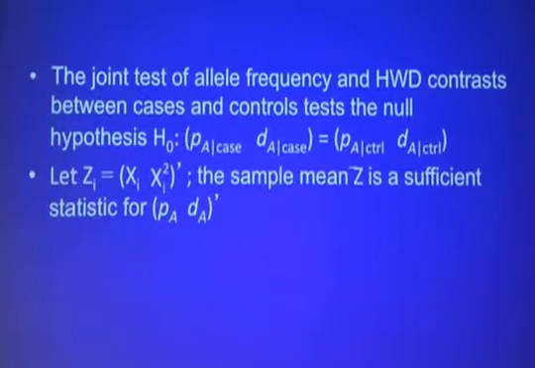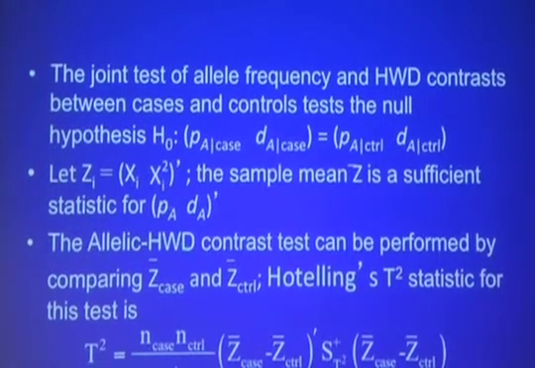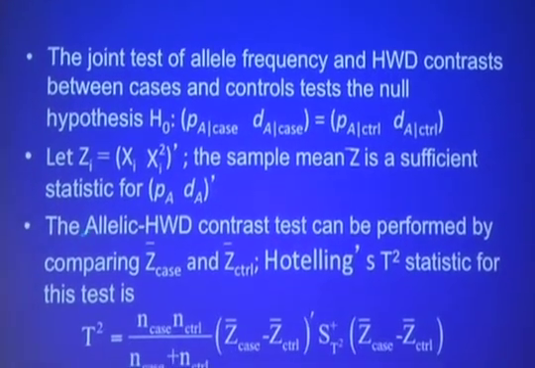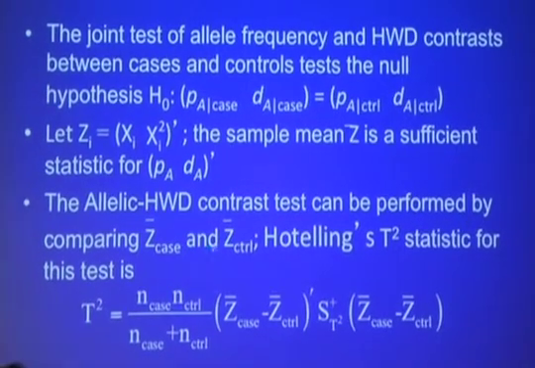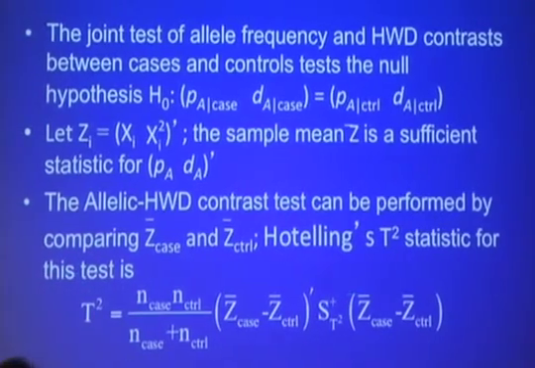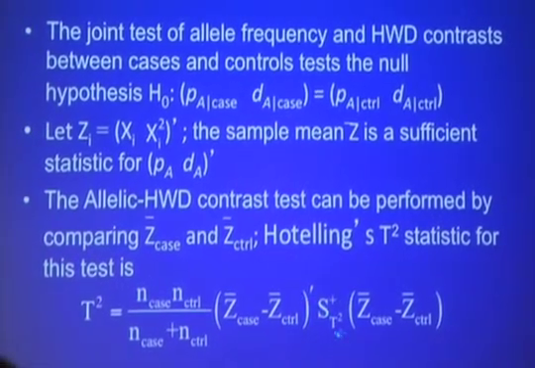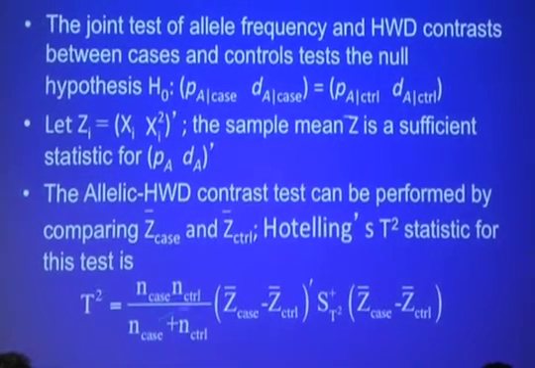So then, we can see that this contrast, both together, can be performed by comparing this sufficient statistic for cases and this statistic for controls using Hotelling's T-squared statistic, where this is the inverse of the variance matrix of these things.